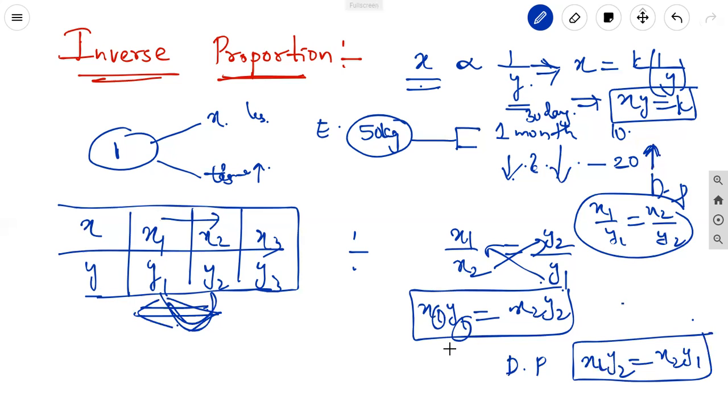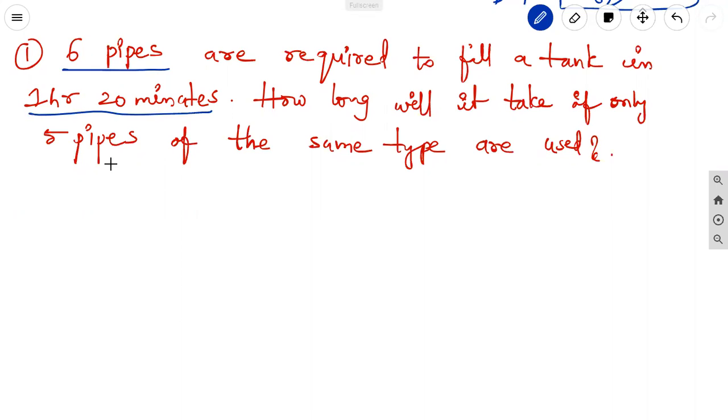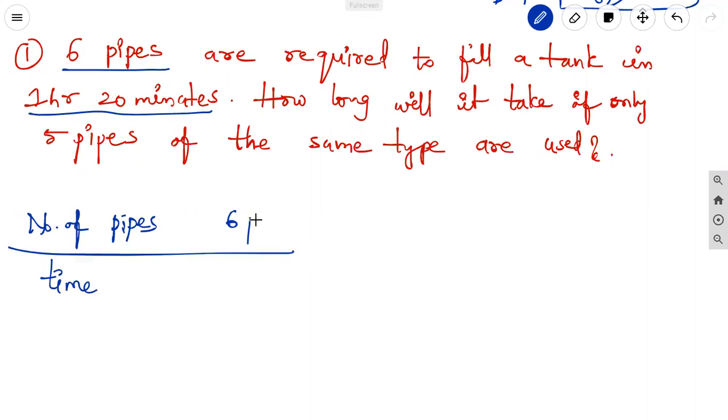Let us discuss some problems on inverse proportion. One problem: 6 pipes are required to fill a tank in 1 hour 20 minutes. From the data, we take the number of pipes and the time taken. The number of pipes is 6, and the time taken is 1 hour 20 minutes.